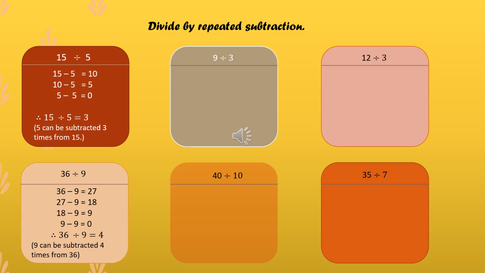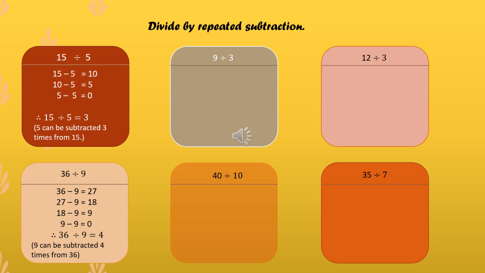Now children, let's see how to solve questions by repeated subtraction. Here we will take the example 15 divided by 5. We have to divide 15 by 5, so we will subtract 5 from 15. Now let's see how many times it can be subtracted. 15 minus 5 gives us 10.